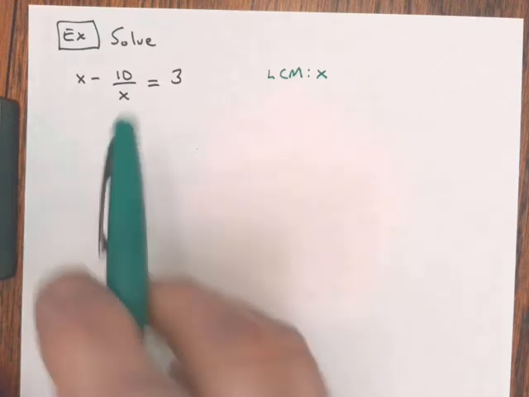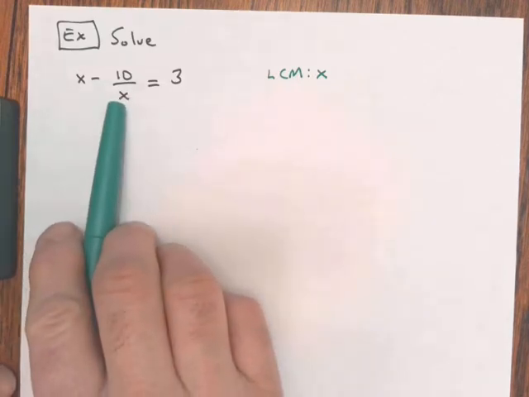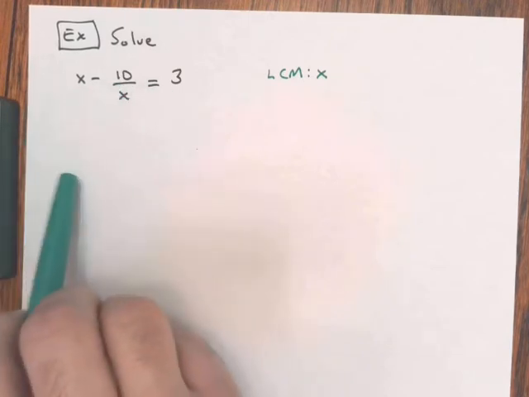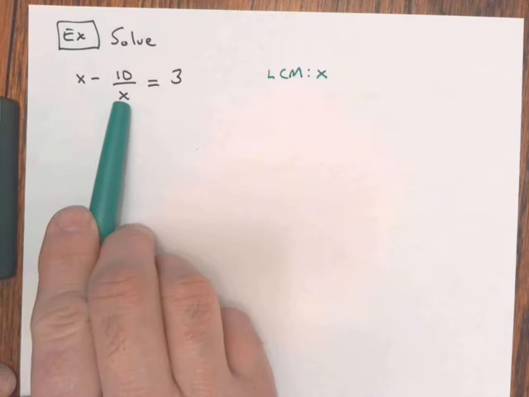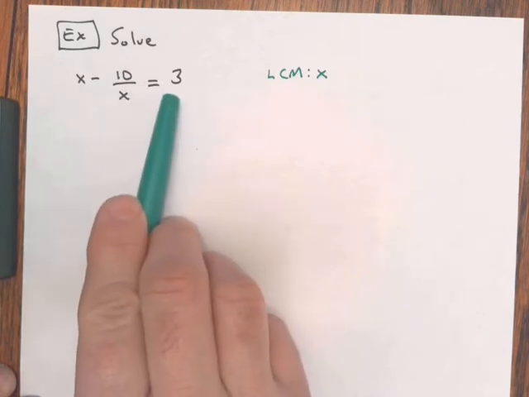Before we get started, we might want to list out any excluded values. So taking a look at these denominators, we have a 1 in the bottom of this fraction. This one has an x. This is 3 over 1, so 1 again.